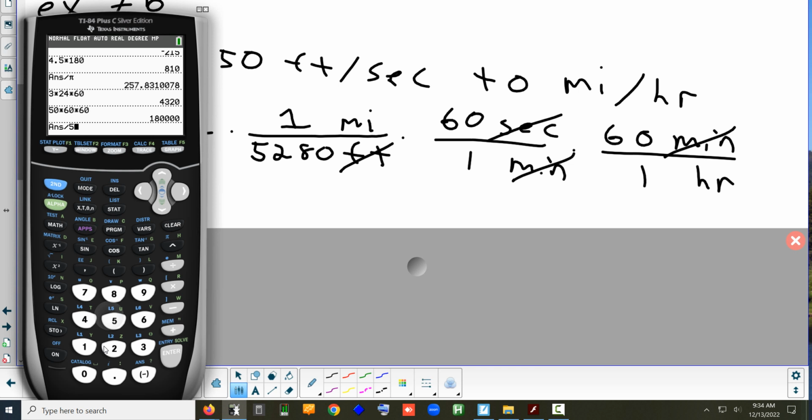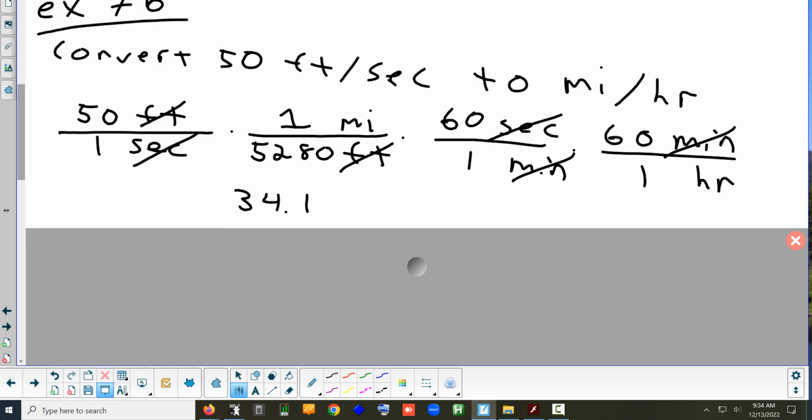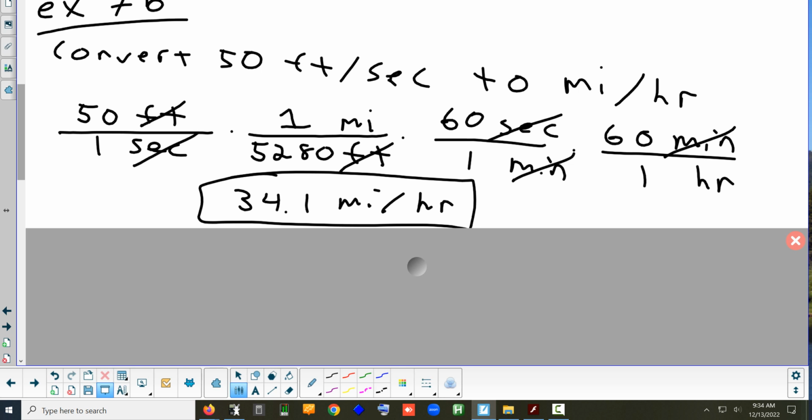So divided by 5280. Okay, so that's 34.1 miles per hour. You could write MPH, but in this section, that's how they do it. Any question on it?